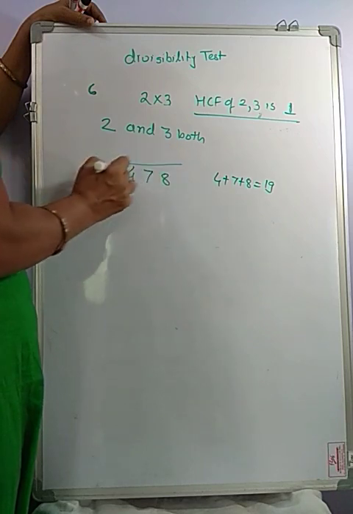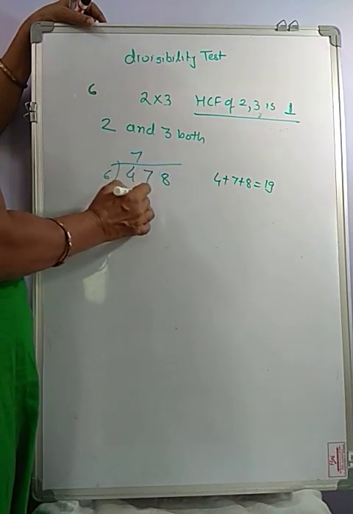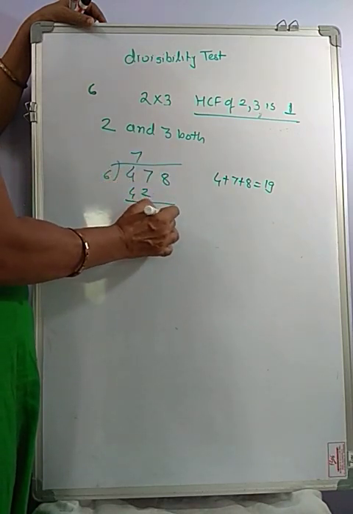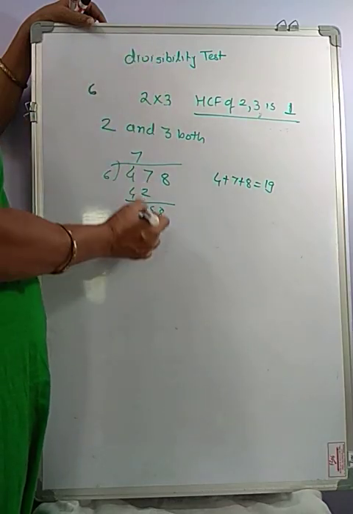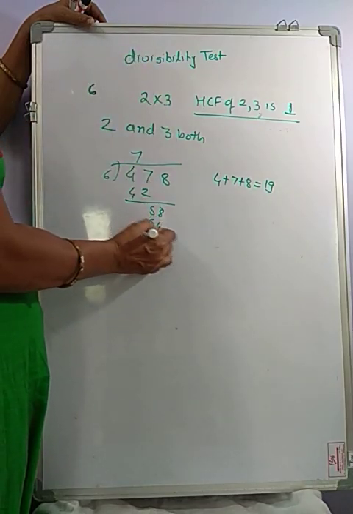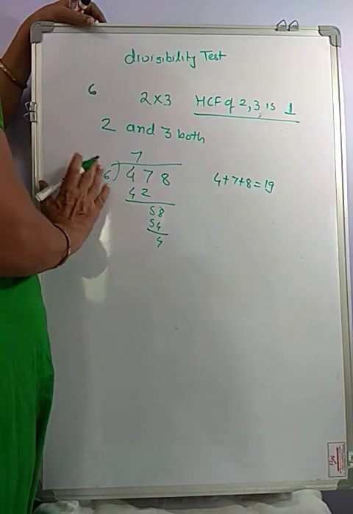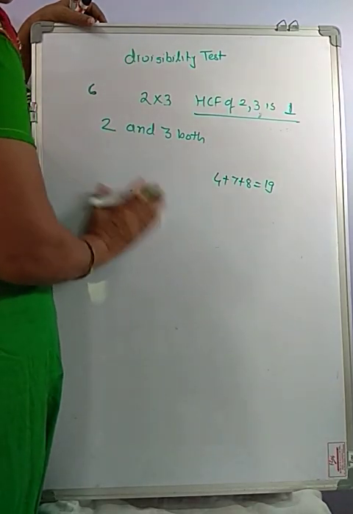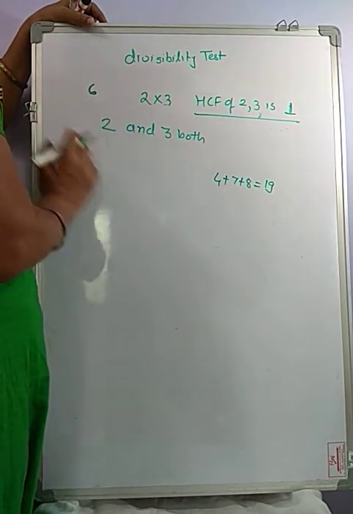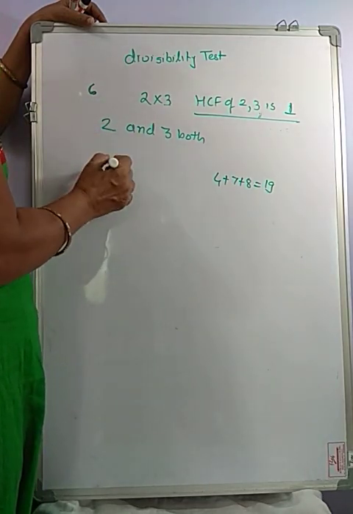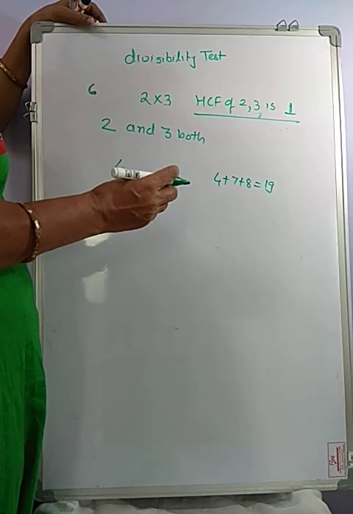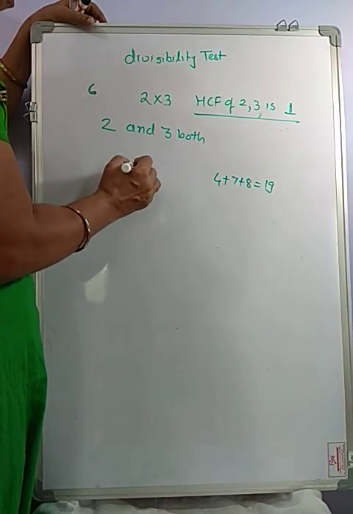Let us check by dividing by 6. It is not divisible. Did you get the point? Okay, another number. Let's check. I will take 438.